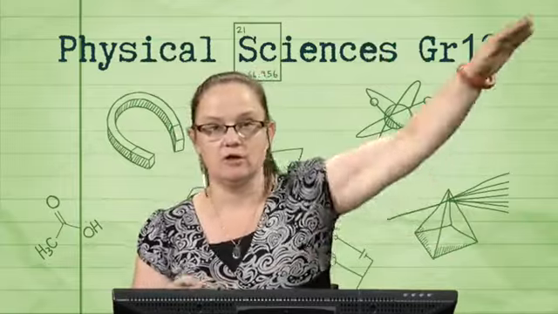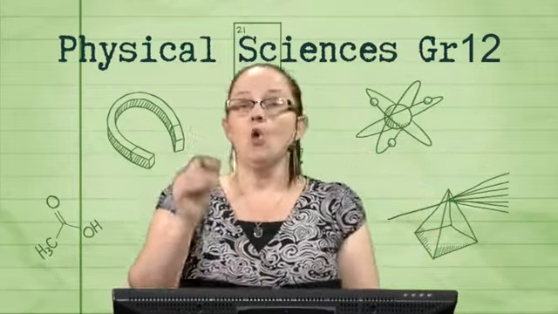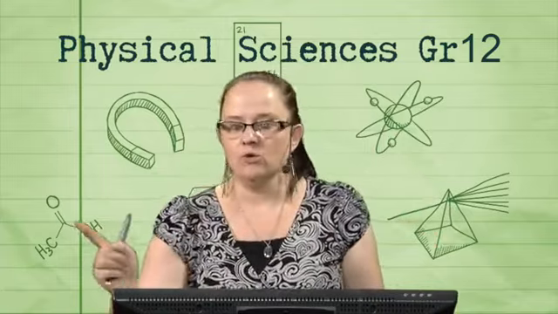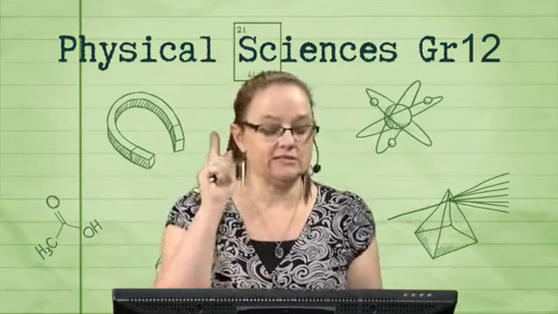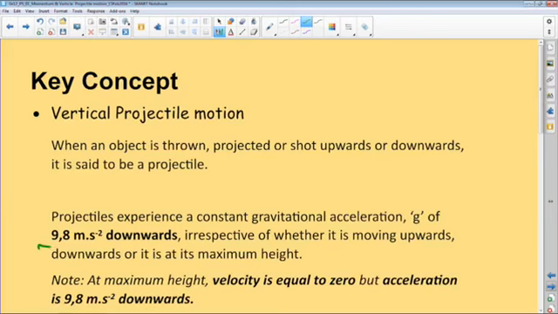They've taken out going at an angle, which makes the math so much easier. What's important though, projectiles are objects under free fall, which means the only thing acting on them is gravity, and that acceleration due to gravity is always 9.8 meters per second squared down. It cannot be anything else.